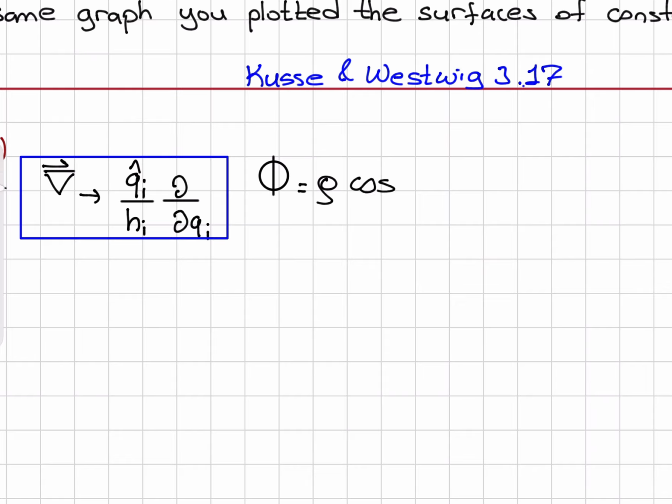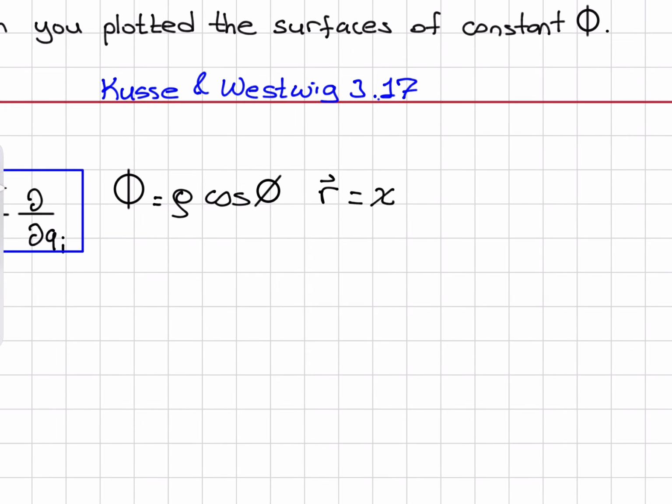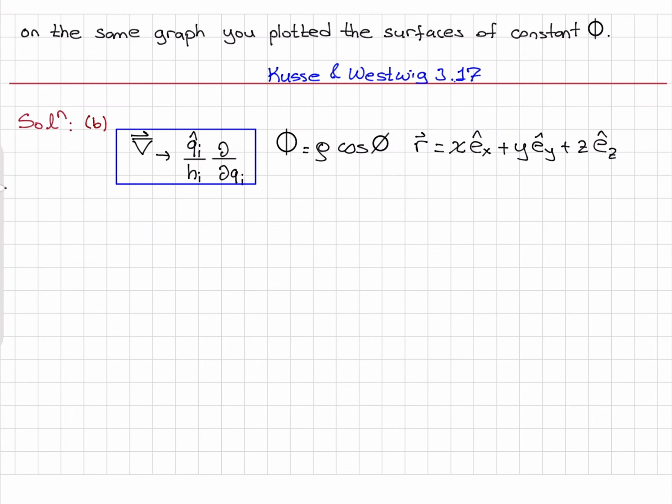These are our cylindrical coordinates, rho and phi. And the position vector is given in Cartesian coordinates as x ex hat plus y ey hat plus z ez hat.